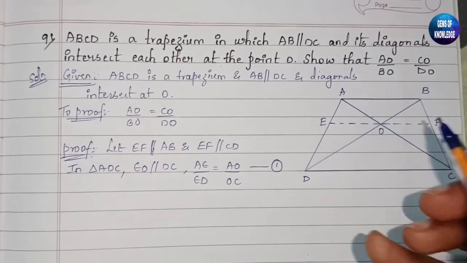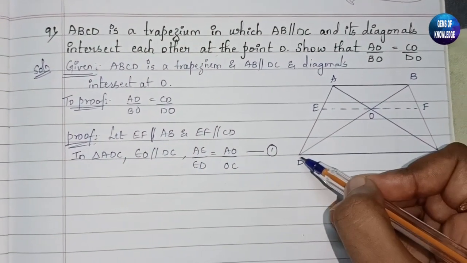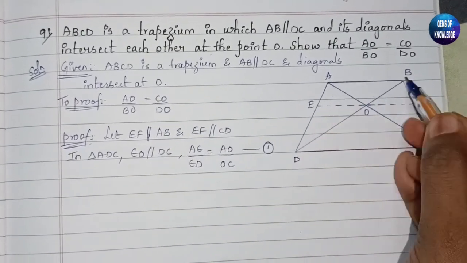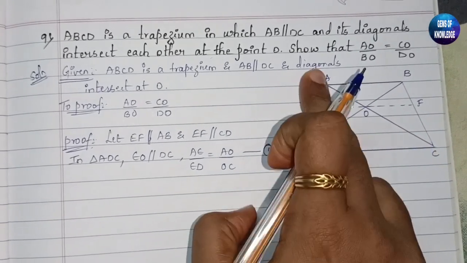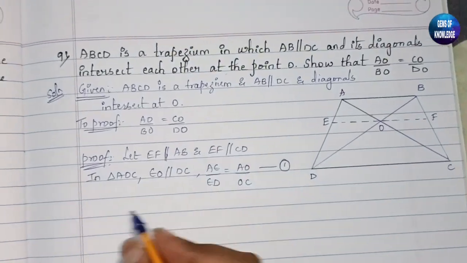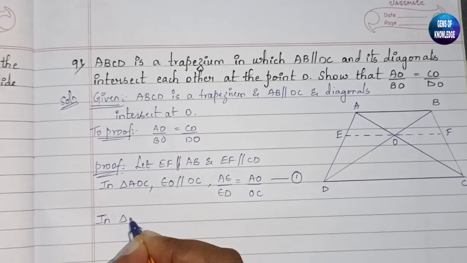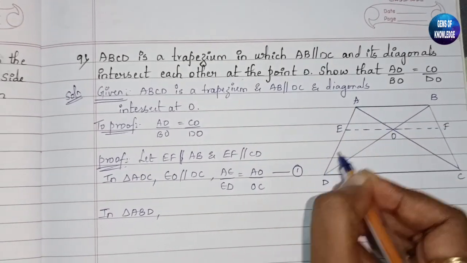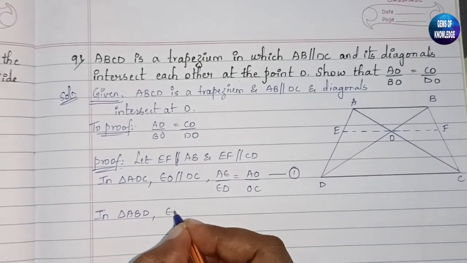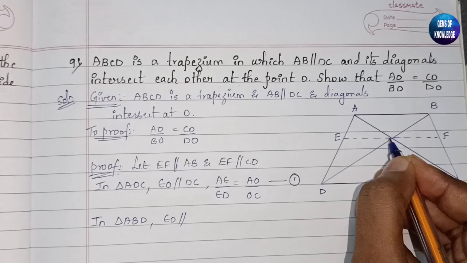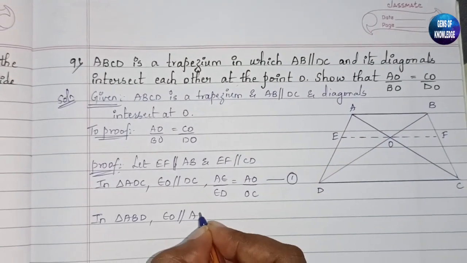Now we will consider triangle ABD. Again EO, which was parallel to DC, is also parallel to AB.